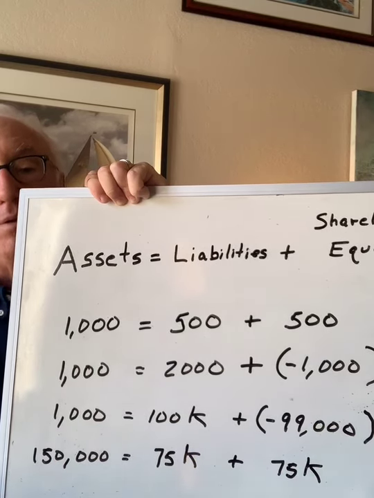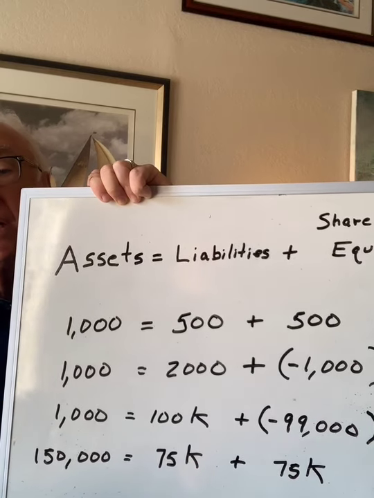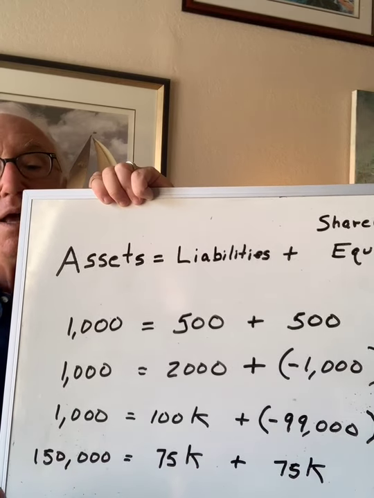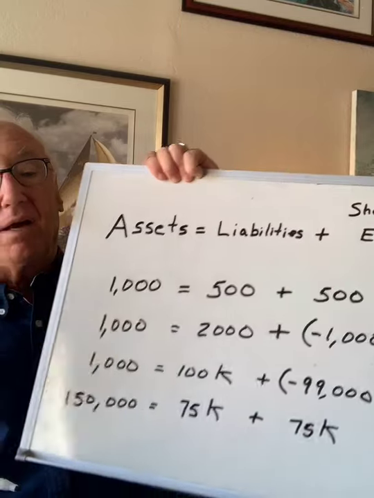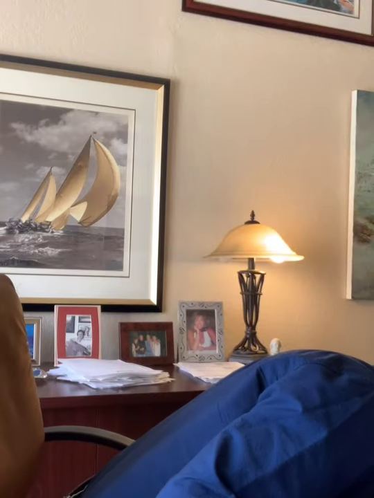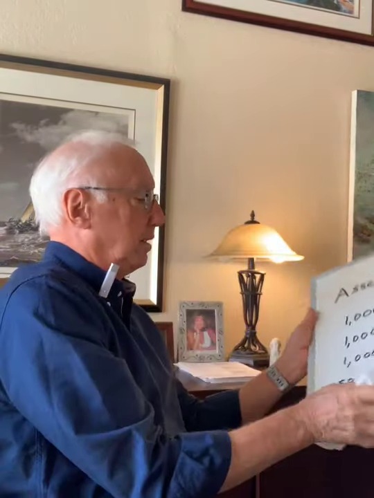That's how the balance sheet works. Now there are other aspects to the balance sheet that I can't do on a little whiteboard like this. But let me get into as much of it as I can, actually.